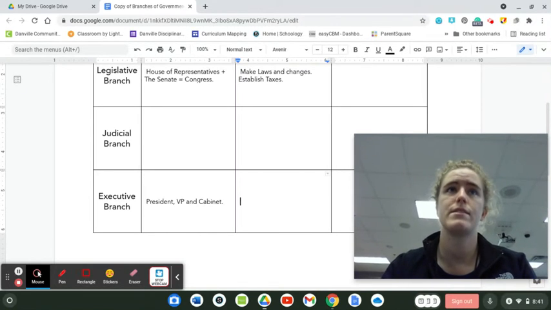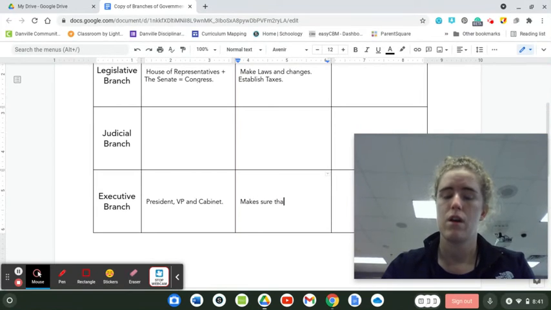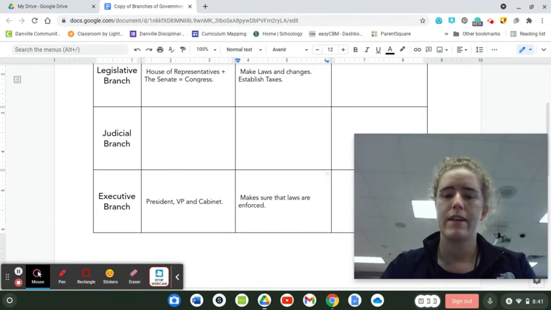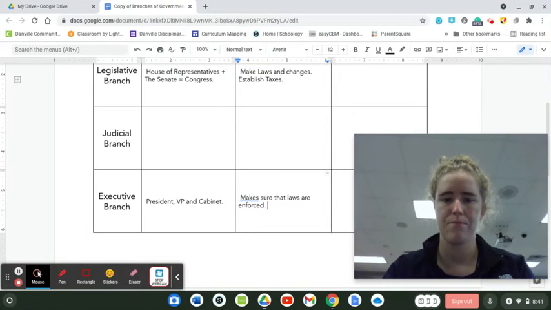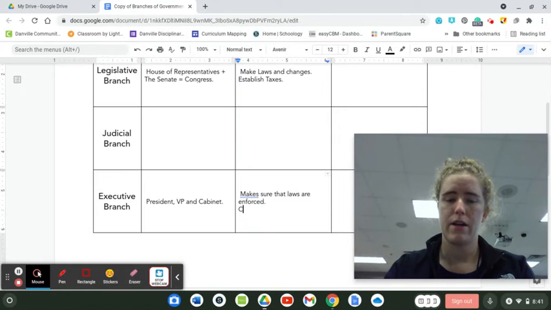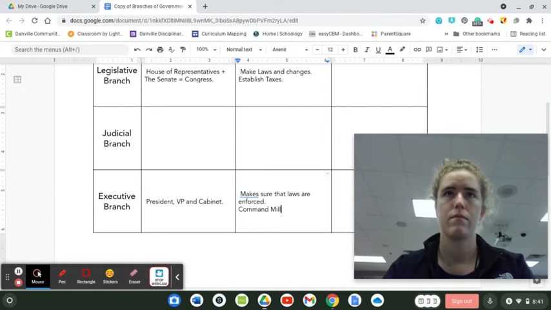What that means is that he or she makes sure that the laws are enforced. Meaning he can push the laws through and say, okay, everyone has to follow this law. I say so. He can also command the military. That's the executive branch.